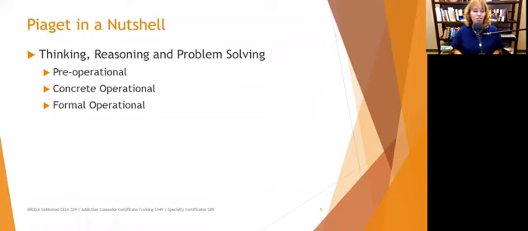Concrete operational, which is a lot of elementary school, children still need to see things, which is why they use manipulatives so heavily when they teach math and science in elementary school. It's not because it's just more fun to do it that way.